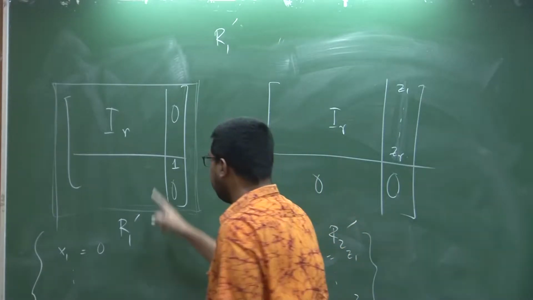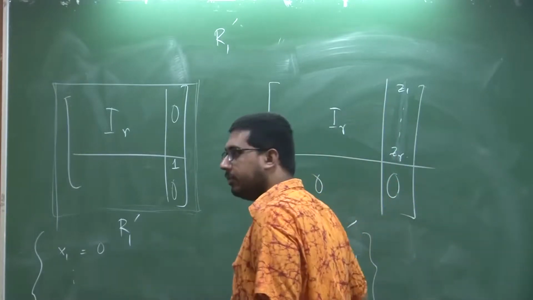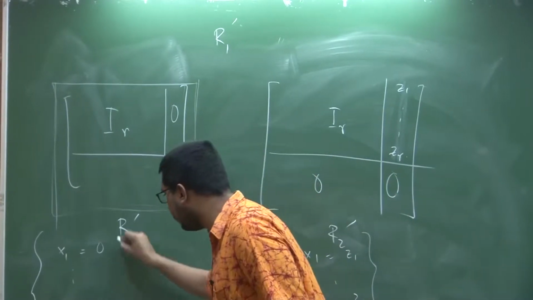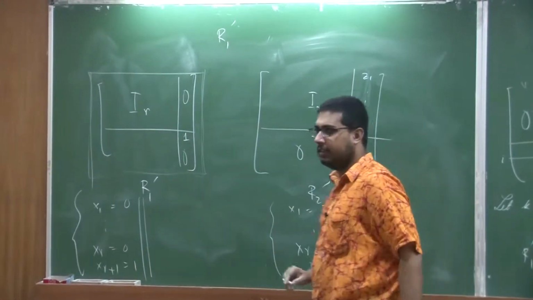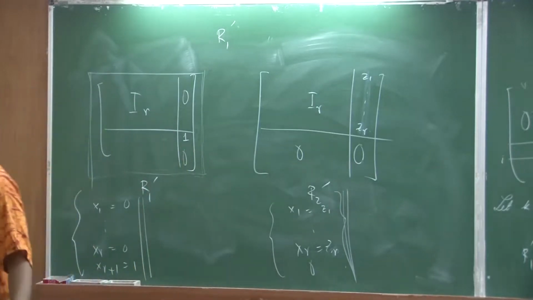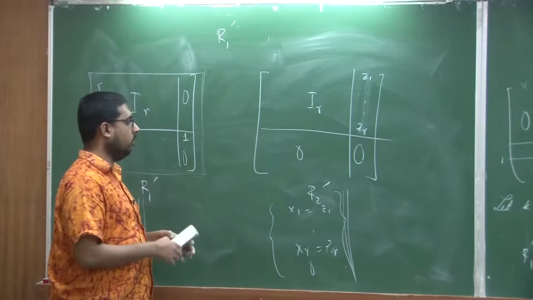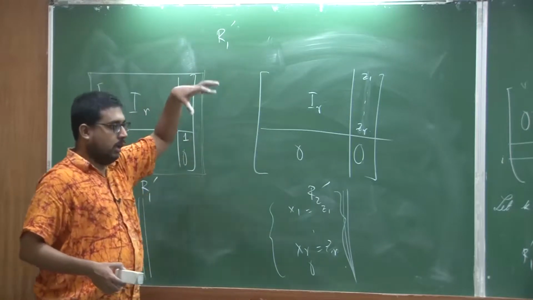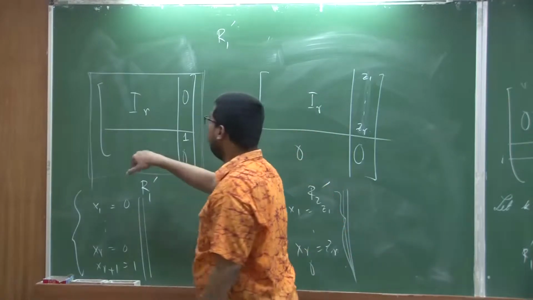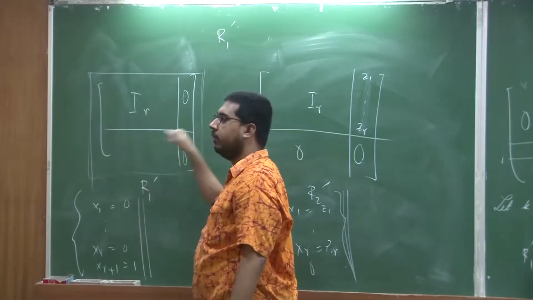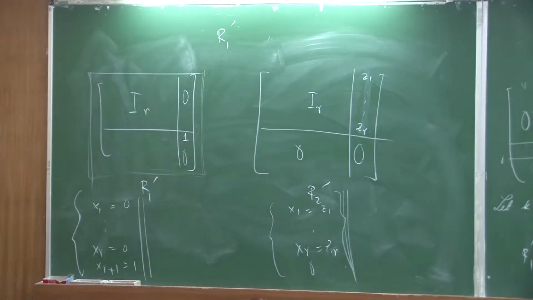Since these two matrices are row equivalent, the corresponding systems will have the same solutions, but this system does not have a solution, whereas this indeed has a solution. So, it is not possible that R1 dash will be of one of these two forms and R2 dash the other. That settles the proof of uniqueness.